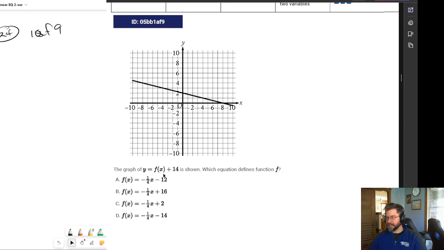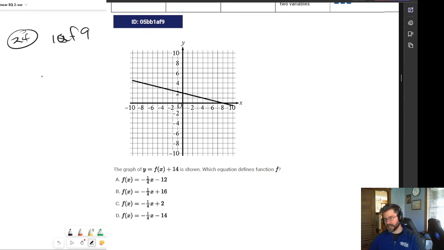If it's adding inside the parentheses, like if we have f of x plus 14 inside the parentheses like that, that would be a left shift. So addition inside the parentheses is a horizontal shift and it goes the opposite direction. Adding outside the parentheses just shifts it up or down.